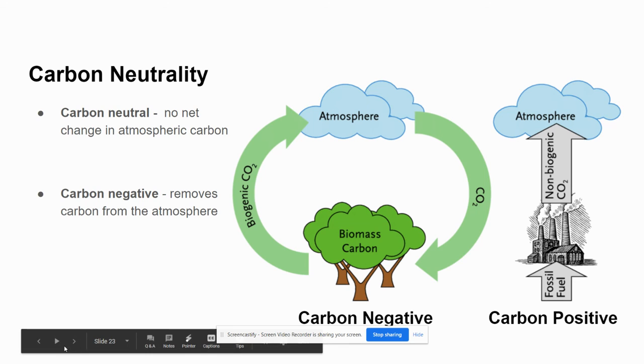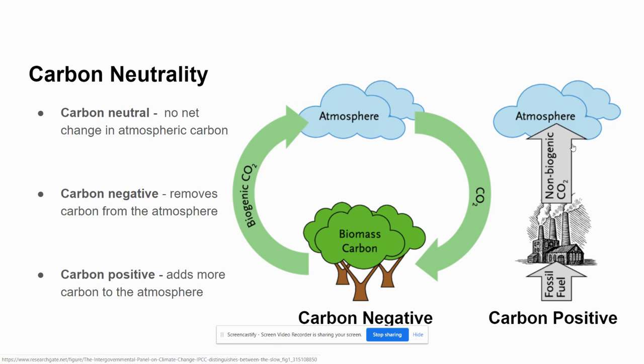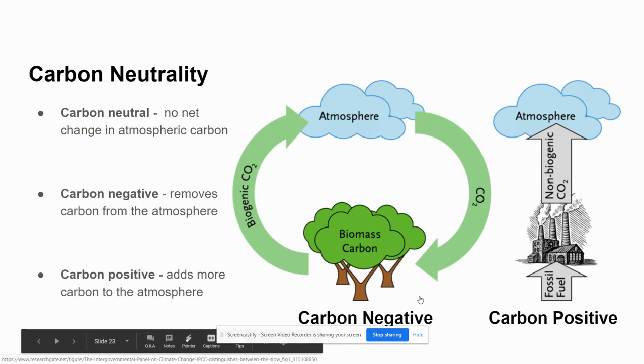And carbon positive is adding carbon to the atmosphere by burning fossil fuels. When we are burning fossil fuel, we are basically releasing more carbon in the form of carbon dioxide to the atmosphere. If we can keep the carbon negative and the carbon positive in the same ratio, then carbon neutrality will be there.